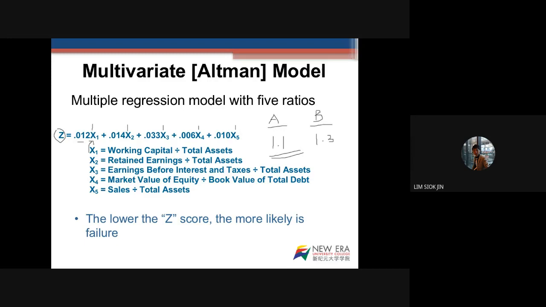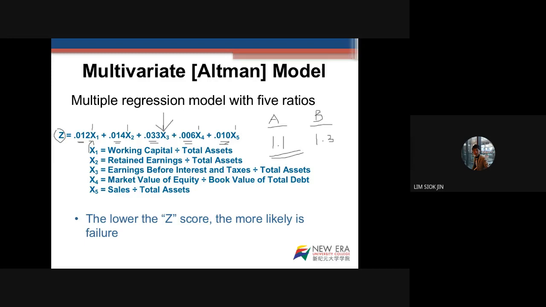So what about this 0.12, 0.14? All of this is not calculated. All of this is already given. So what is this number here? It is how big the impact of your X is. Okay, so if you look at X1 to X5, which one is more important? X3 is more important.